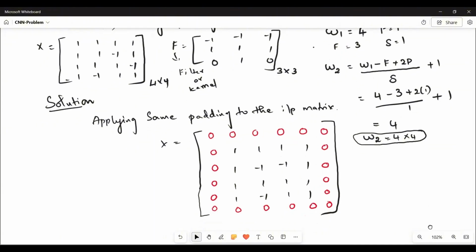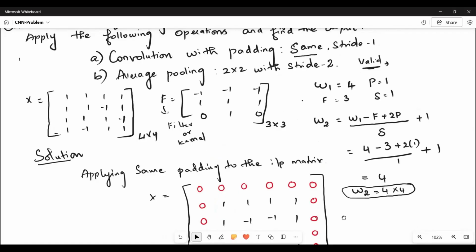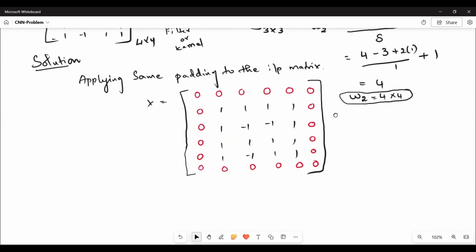Instead of same padding, if it is asked as valid padding, valid means we need to keep the input matrix as it is. So no need to append the zeros on the given matrix. So we have two options: one is same padding and another one is called valid padding. If it is the same padding, we need to apply the zeros on the corner of the given input matrix.